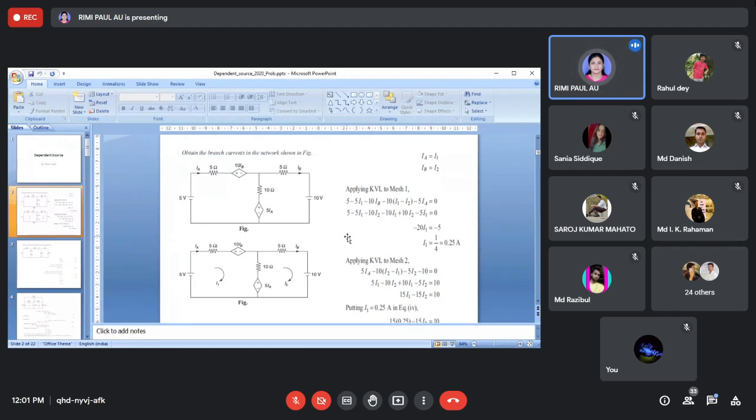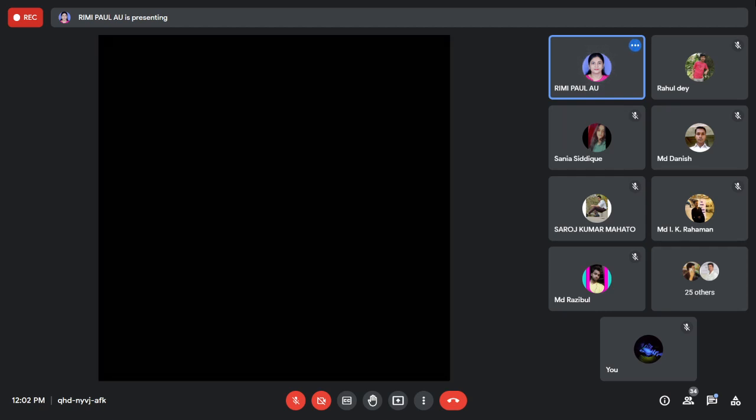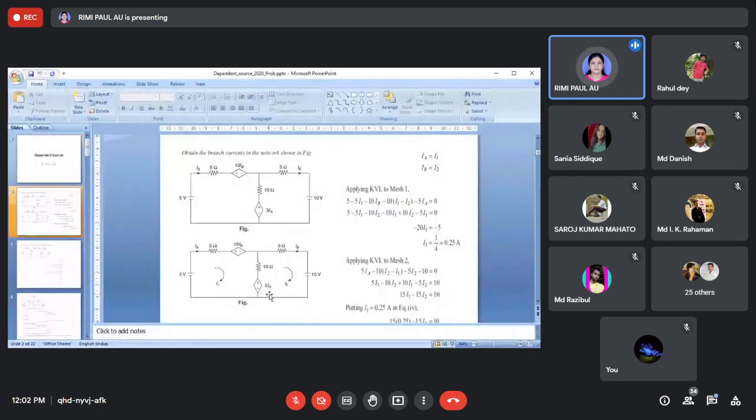That is our first equation. For the other equation, if I take I2 is equal to IB, then IB is flowing through this plus to minus, so plus 10, minus to plus, so minus 5 IA. I didn't multiply for this reason. It's a source, and this source is minus 5 IA right now. So minus 5 IA plus 10 (I2 minus I1) plus 5 I2 or IB, whatever you write. These two equations you have to solve.